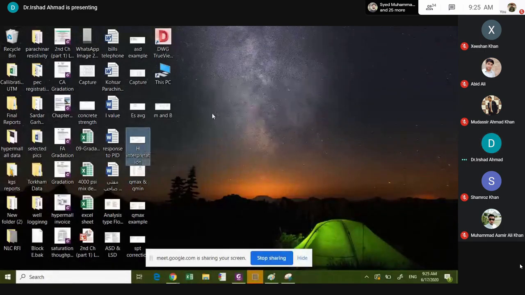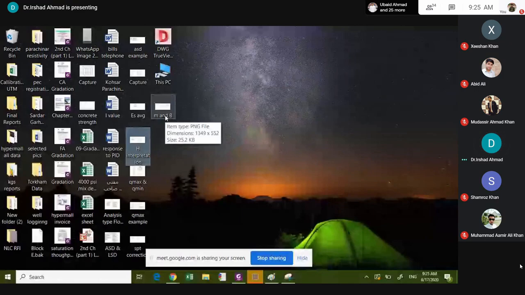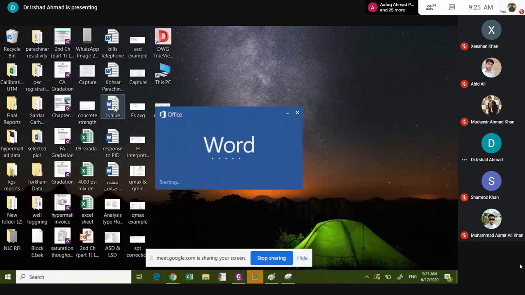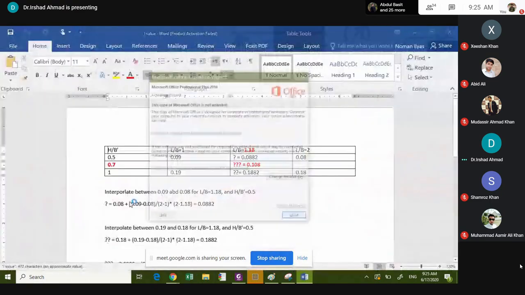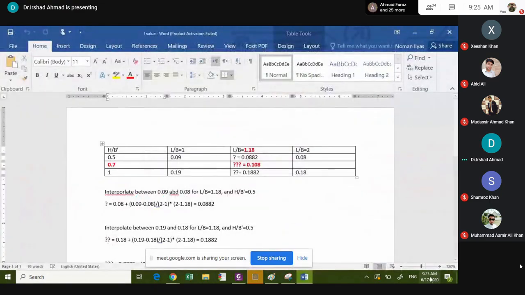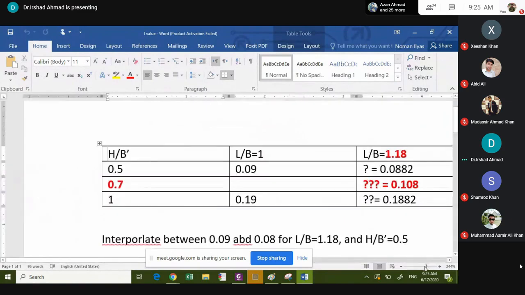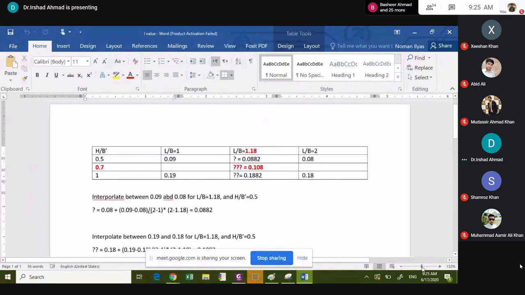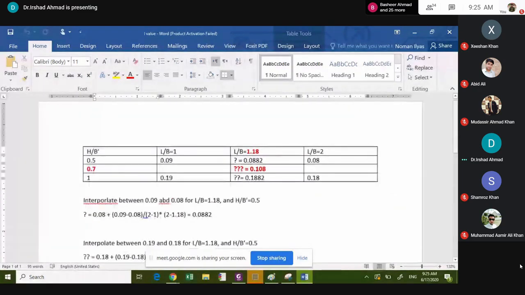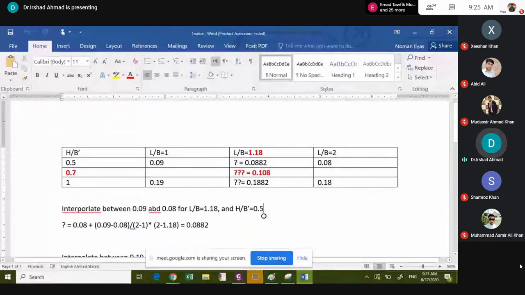Look at this: H by B prime is this row, and L by B prime is this.